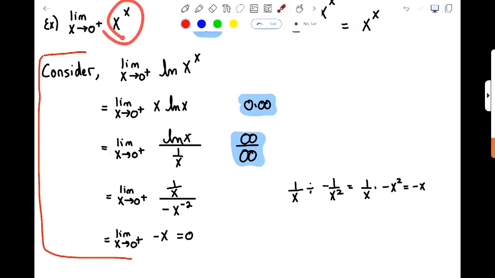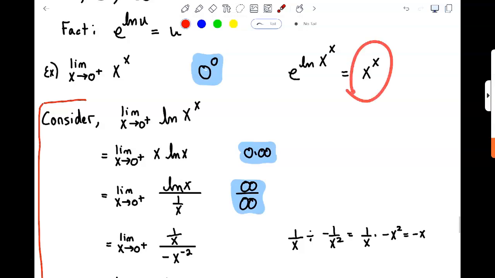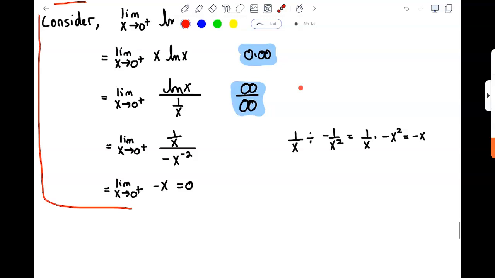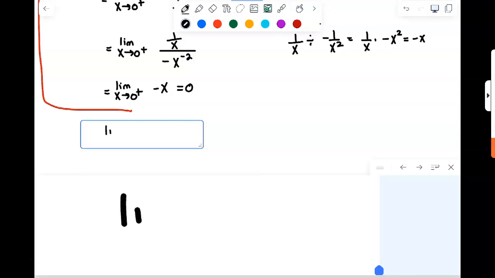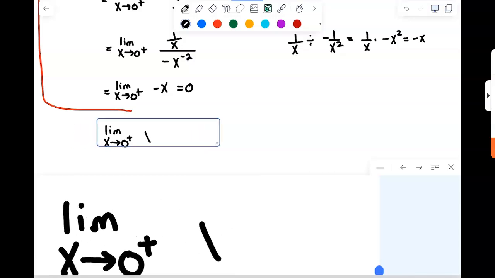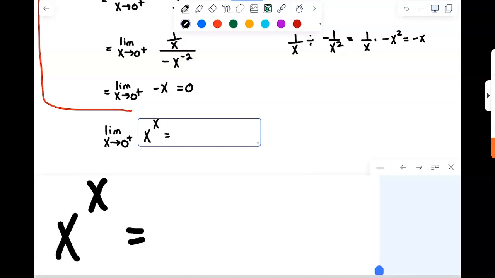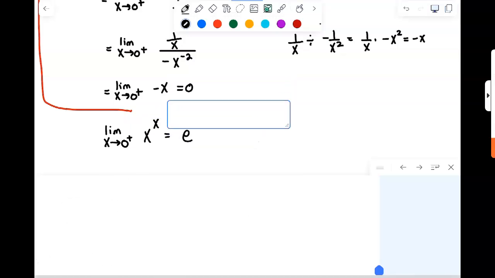To actually figure out the original limit now, we go back and say the original function x to the x is e to the ln of x to the x. Since we now know what ln of x to the x approaches, we know that the whole thing is going to approach e to whatever that is. So the closing step here is to go back to my original limit and say that's the same as e to whatever the other limit is.